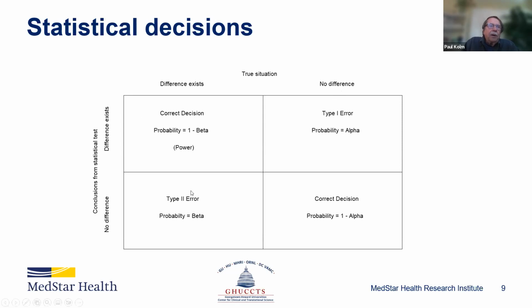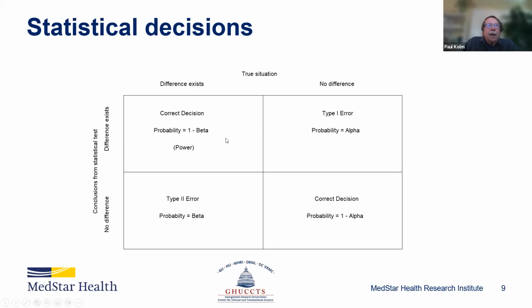A type 2 error is when we conclude from our statistical test that there is no difference, that is, we fail to reject the null hypothesis, but in the population there is a true difference. So we've made a type 2 error, and this probability is referred to as beta.